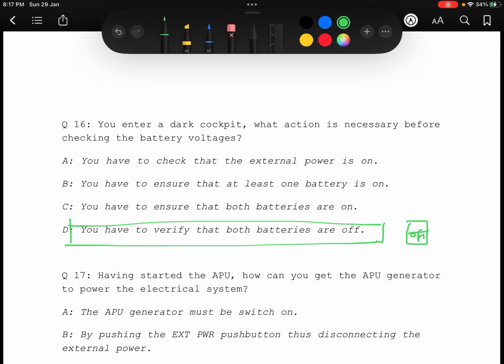There should not be an OFF light in any of the batteries, because this OFF light of the battery comes from the DC BAT bus only.